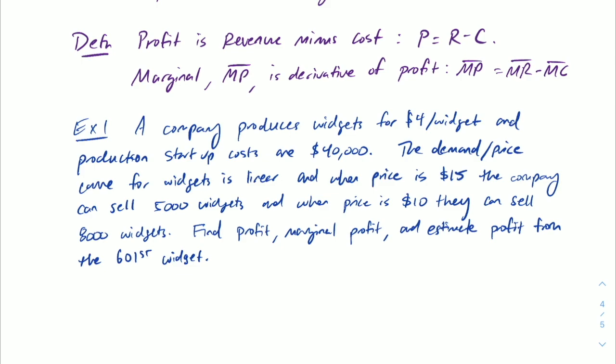Okay, so in this problem we're going to first construct the revenue and cost functions. To construct the revenue function, we need to first construct the price, because revenue, which is R, is price times X. So let's do the price analysis here.